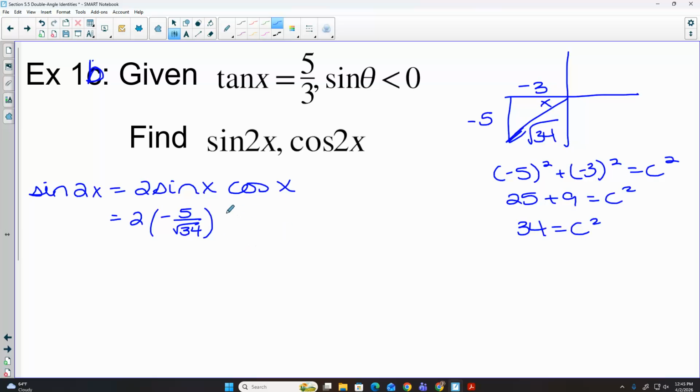Okay, we could move the radical, but I'm going to wait just a minute. Cosine would be what from this triangle? So that would give me negative 3 over radical 34. That gives me 30 over 34, or 15 over 17.